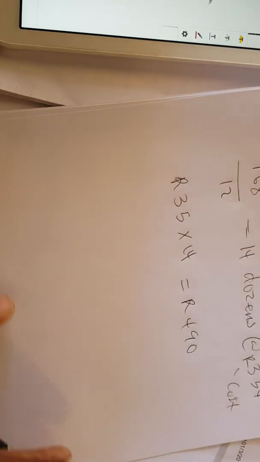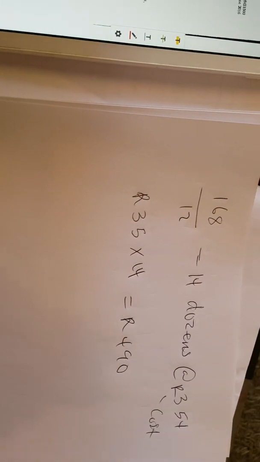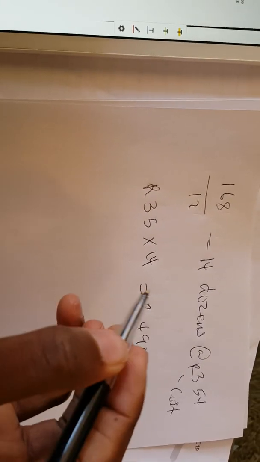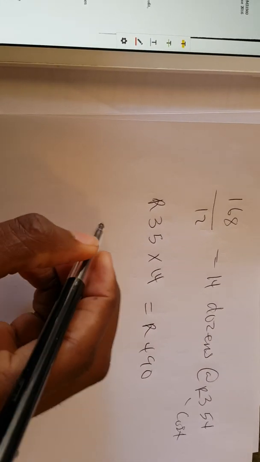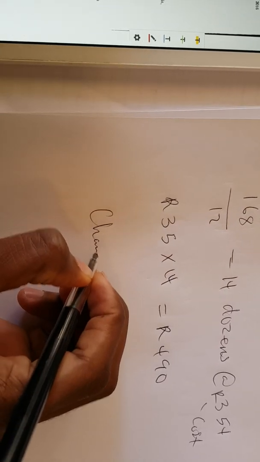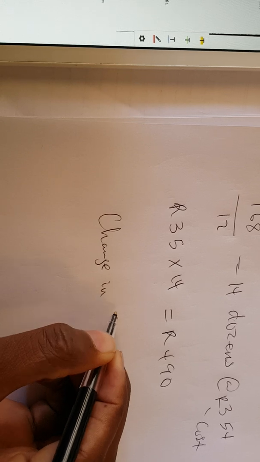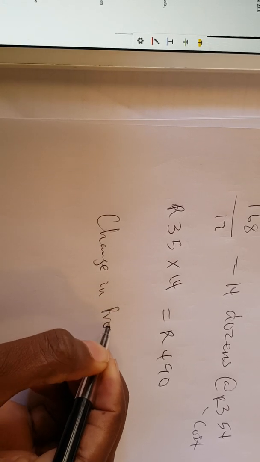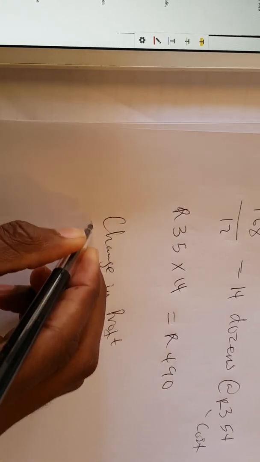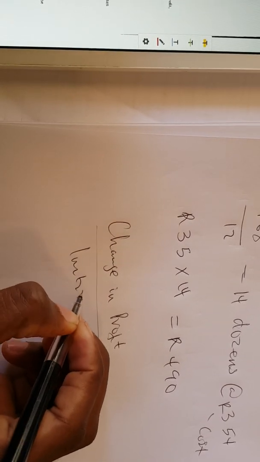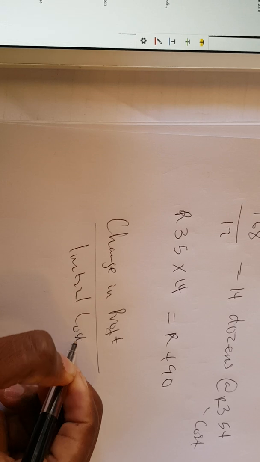Okay, so now to calculate the percentage profit, we will say: change in profit divided by initial cost times 100.